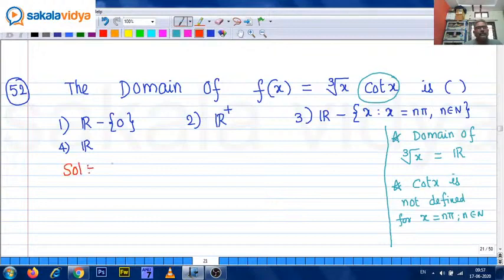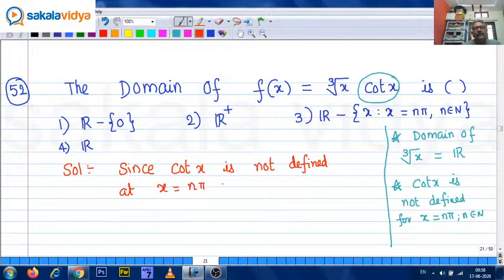So now let us write the solution. Since cot x is not defined at x equal to n pi, n belongs to Z, the domain of f is: here already real numbers, but it does not accept x equal to n pi.